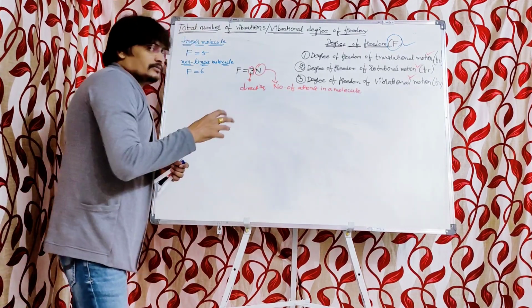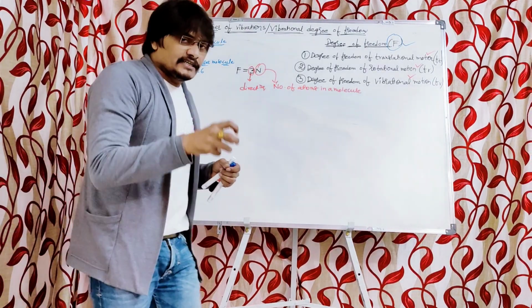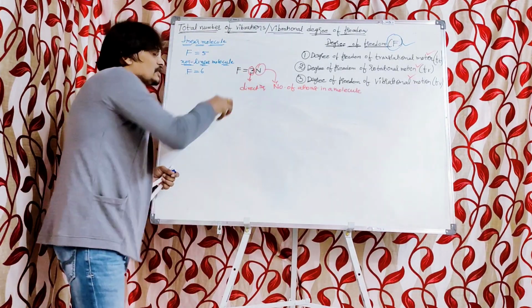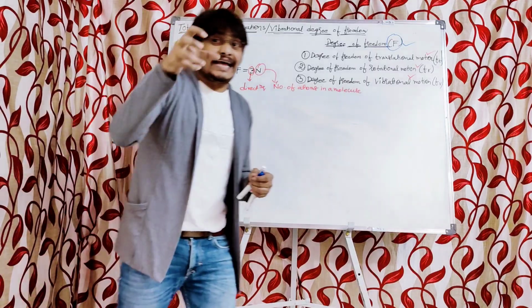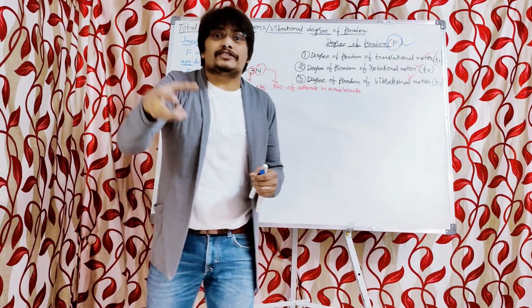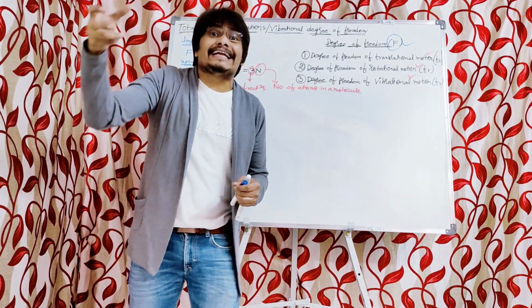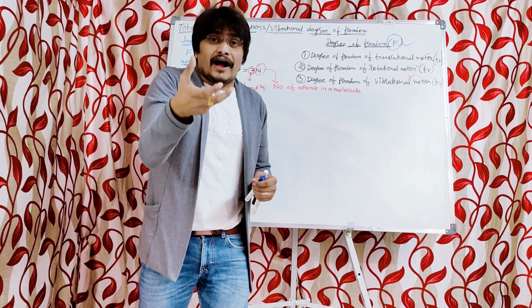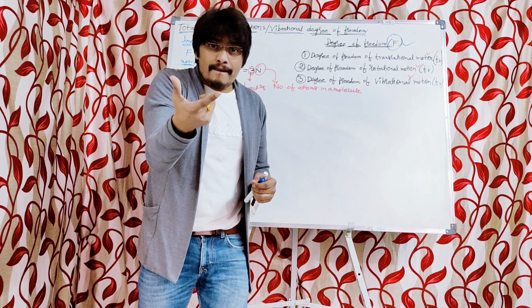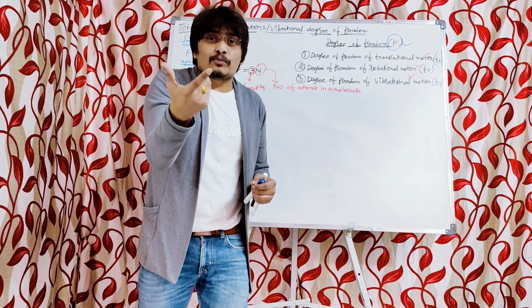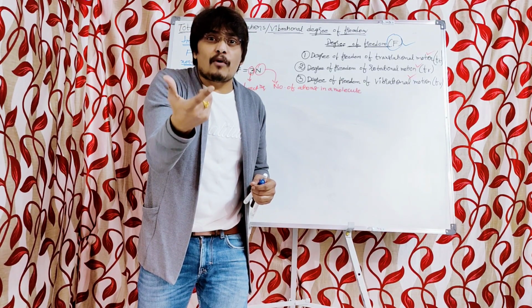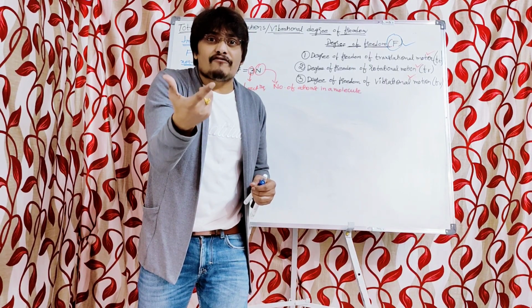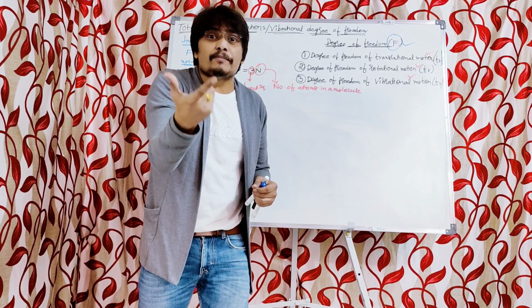Now we are going to apply this concept to IR spectroscopy. In IR spectroscopy, we are using IR radiation. IR radiation is what? Heat radiation. So under hot conditions, even a third degree of freedom is possible, that is the degree of freedom of vibrational motion, which is represented by Fv.